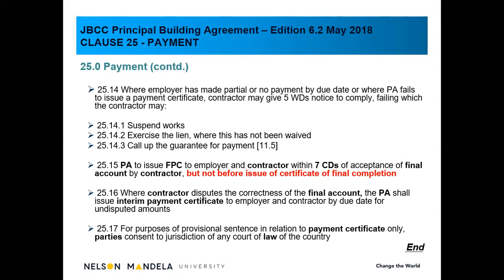That is important. So the architect, or the principal agent, will issue a final completion certificate. And only then we will issue a final payment certificate. We will come back to this specific clause also when we're dealing with the final account. And once we've compiled the final account, we will then issue a final payment certificate, and then we'll touch on this as well. It is important.